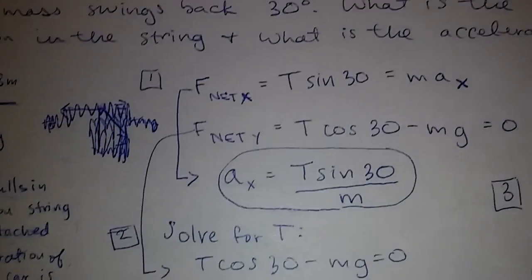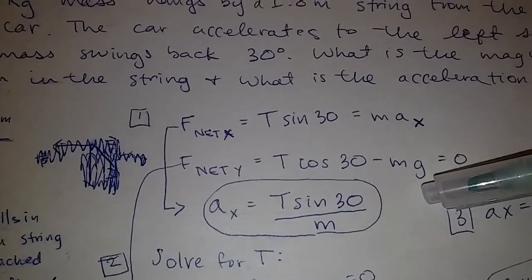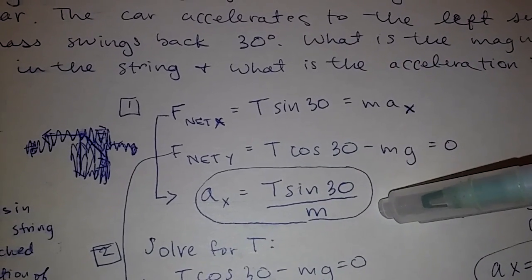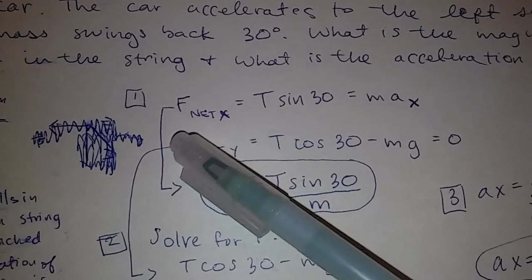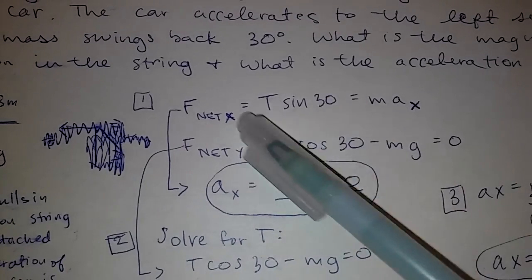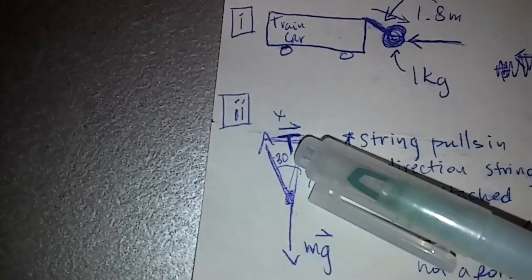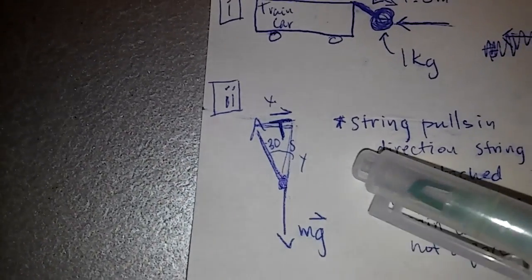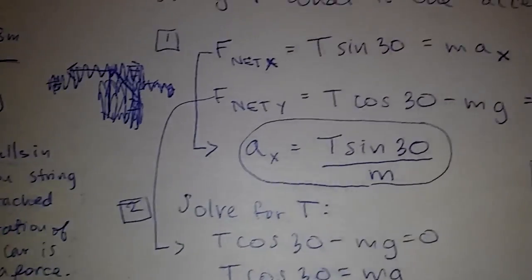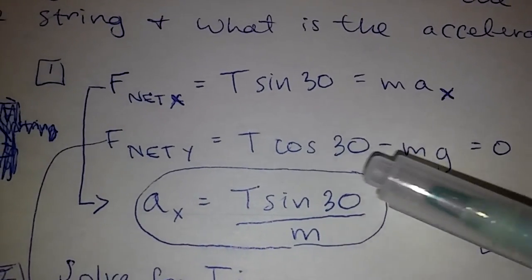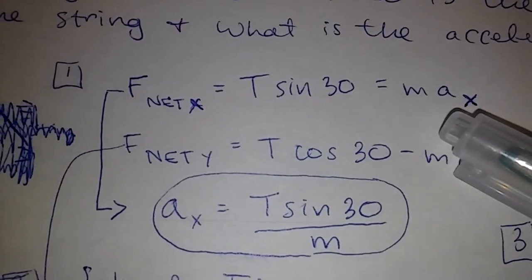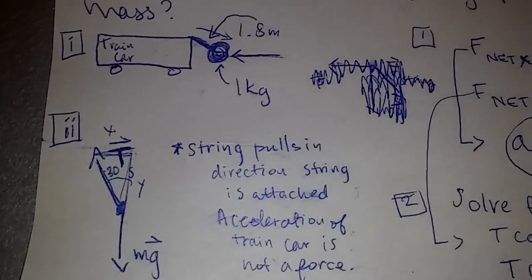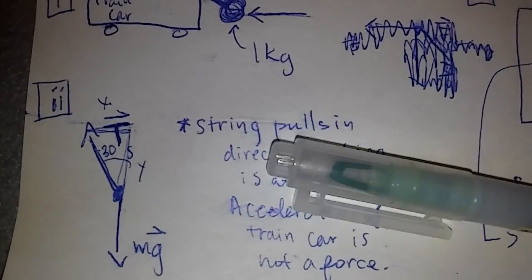Next, I want to write out the net forces that are acting on the mass. In the X direction, I have T sine 30, which is coming from this X portion of the tension force, T. And that is also equal to ma in the X direction because the train is moving to the left.